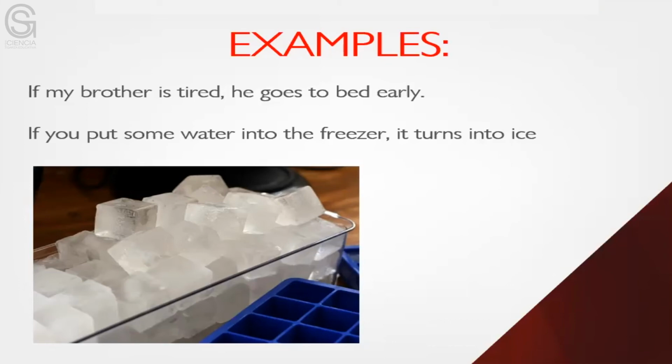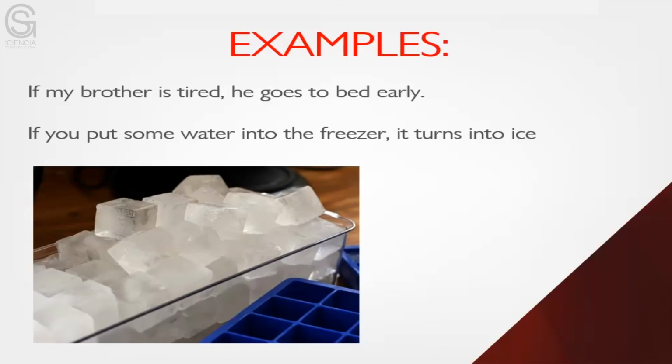Just remember that we shared at the beginning of this presentation that we use the zero conditional when we want to express general truths or true facts, or things that are always true. You may know that if you put some water into the freezer, it turns into ice.